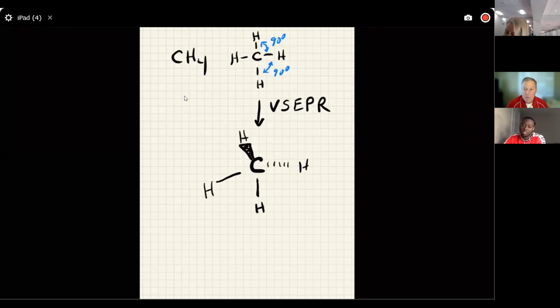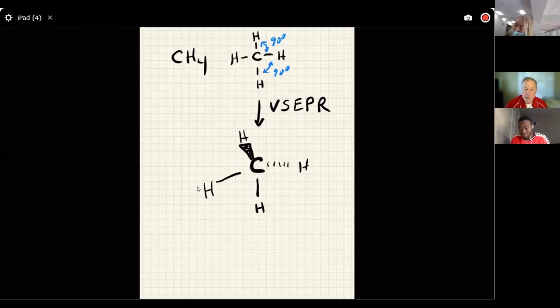The hashed line means that that bond is going behind the piece of paper. It's not in the plane of the paper. It's behind the paper. Do you see this wedged line right here? When you wedge something, you're telling the reader that that single bond is coming off of the paper, coming out at me.